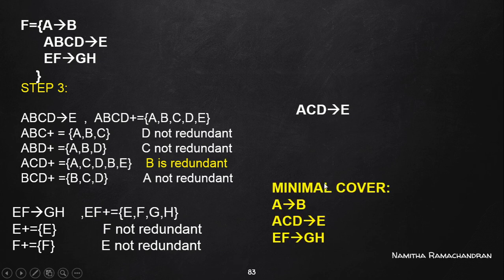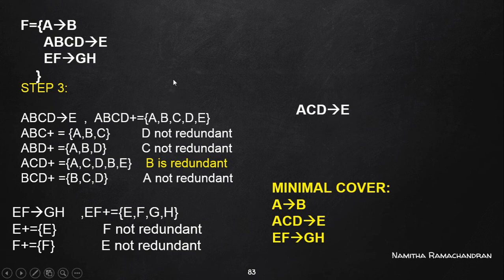So the final minimal cover for the given functional dependency set is A implies B, ABCD implies E reduced to ACD implies E, and EF implies GH. This is the minimal cover for the given dependency set.